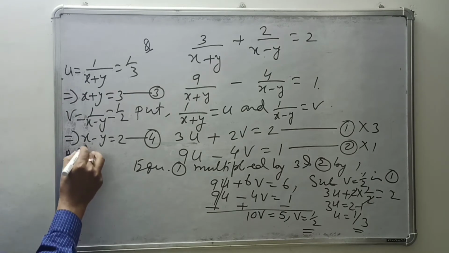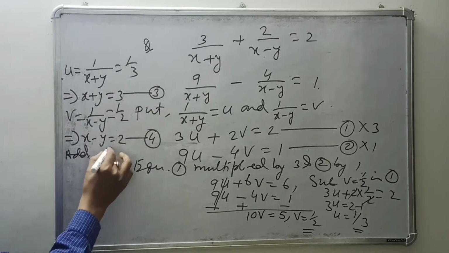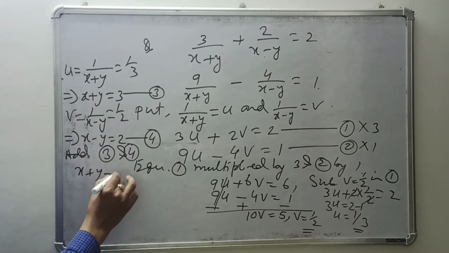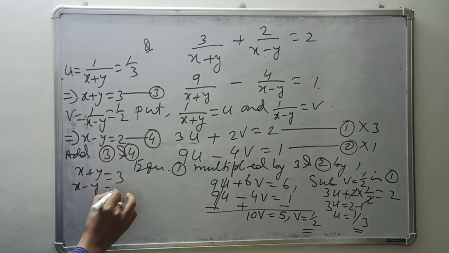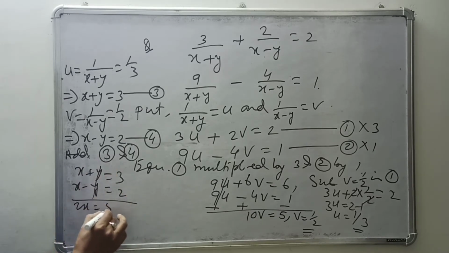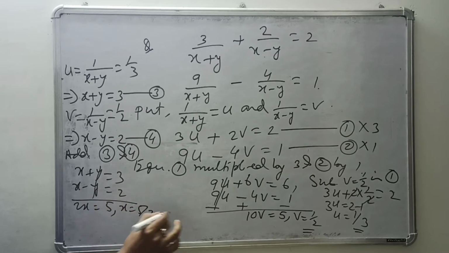If we add equations 3 and 4, x plus y equal to 3 and x minus y equal to 2, we get 2x equal to 5, so x equals 5 by 2.